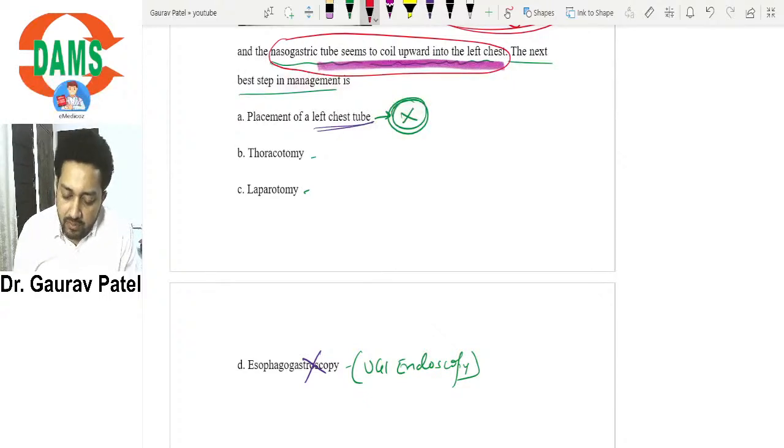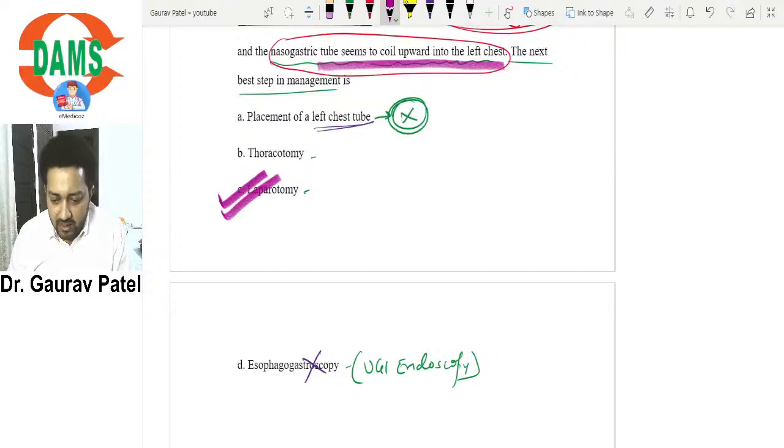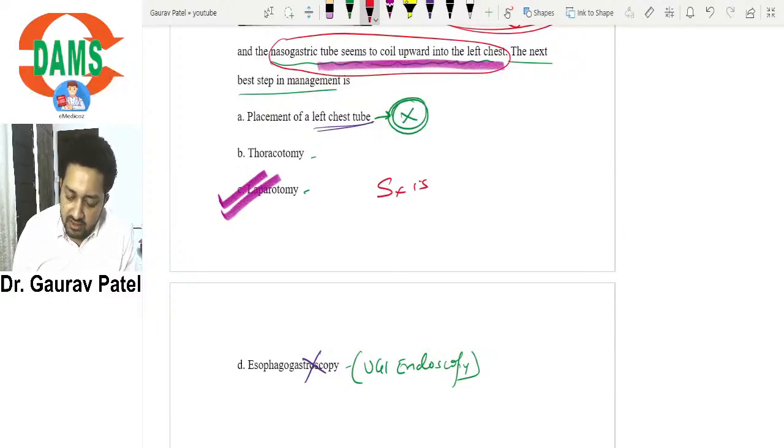Now the approach for diaphragmatic injury can be thoracoscopic, VATS, or laparoscopy, but the preferred route is abdominal. So laparotomy is the answer. You can go for a diagnostic laparoscopy if there is any diagnostic dilemma, but surgery is the only treatment in patients with diaphragm injury.